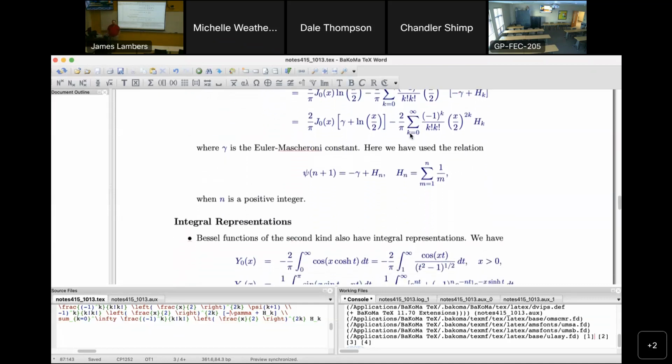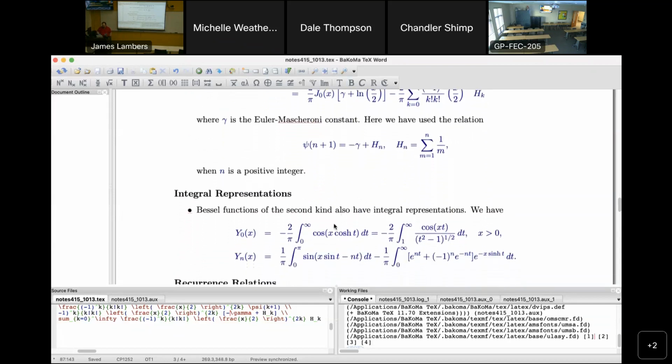Now, when we looked at Bessel functions of the first kind, we found that it's possible to express them using an integral. We can do that with Bessel functions of the second kind, too. I won't go through the pain of deriving these, but for your reference, here's what they are.